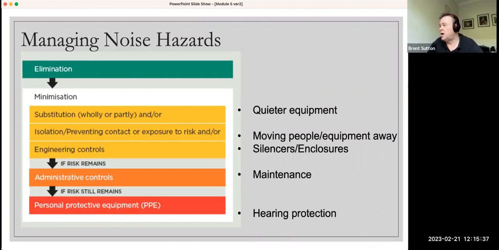If that control requires a human component, it's an administrative control. And then lastly, if we can't substitute, if we can't isolate, if we can't engineer, then to complement our administrative controls, we would then put in place some PPE.